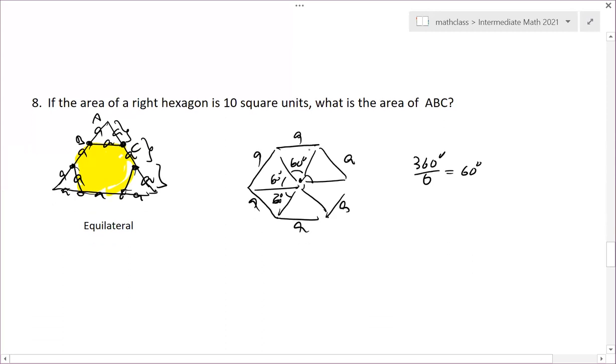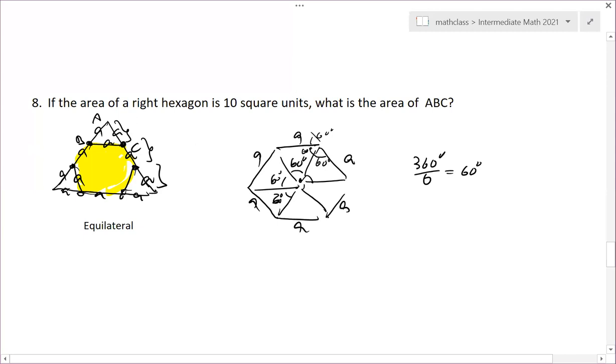And you can also show that this is another special polygon. You can also show that this angle is going to be 120 degrees, because here is 60 degrees. So this is also 60 degrees, 60 degrees.